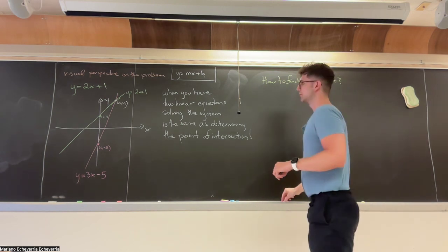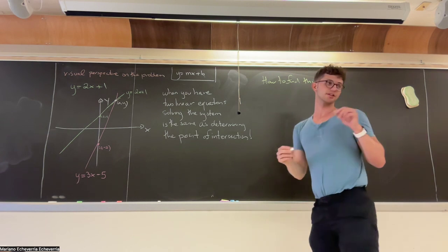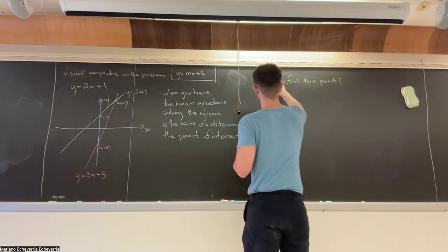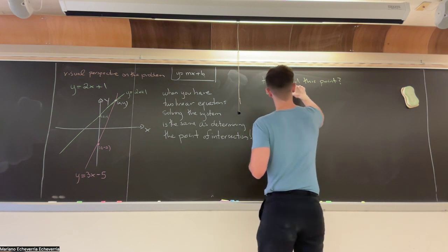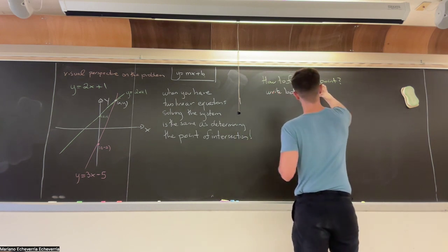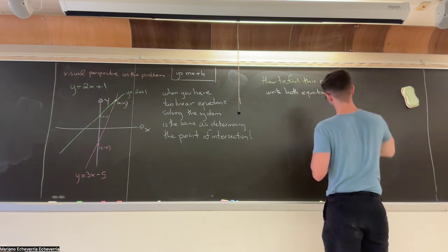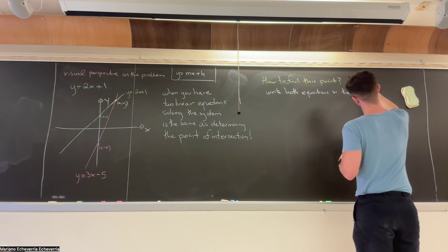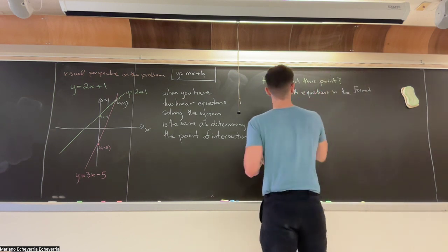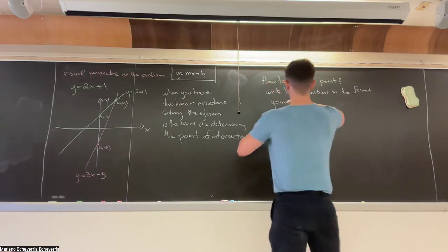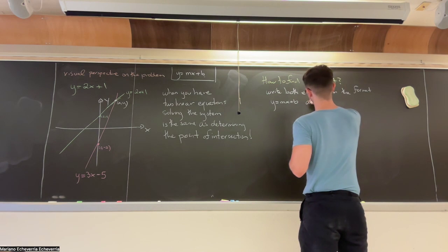So basically, what you would do is write both equations in the format y equals mx plus b and then equate the y values. So write both equations in the format y equals mx plus b and set the y values equal to one another.